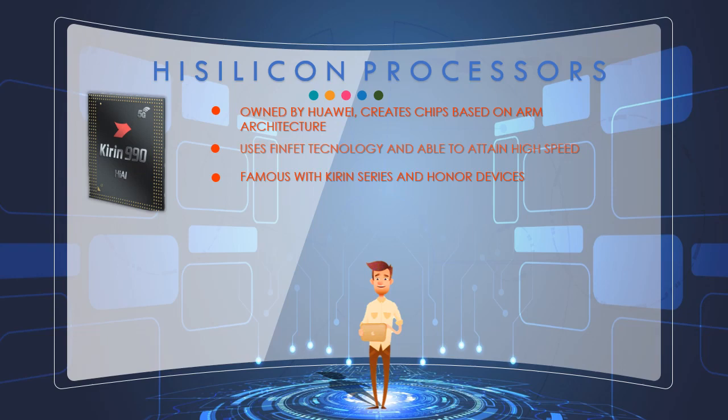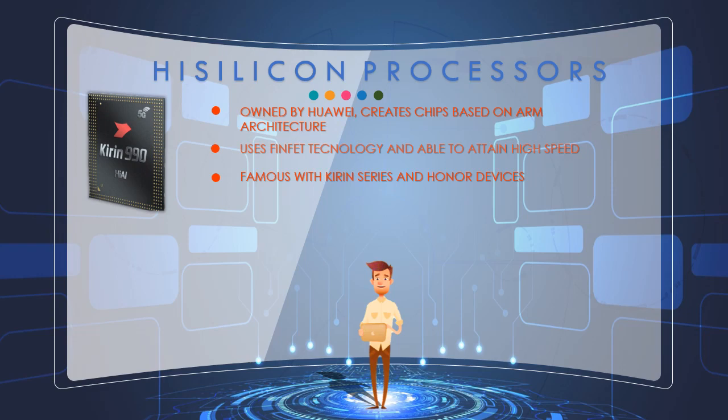HiSilicon is the largest domestic IC chip designer in China, and some of the processors designed by HiSilicon are Kirin 650, Kirin 910, Kirin 920, etc. This HiSilicon brand is famous for its Kirin series and Honor devices, and these processors are used in almost every Huawei device, whether it is a modem, smartphone, or any other kind of network device.